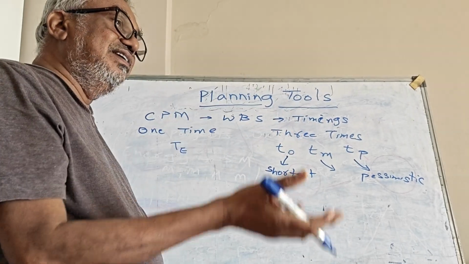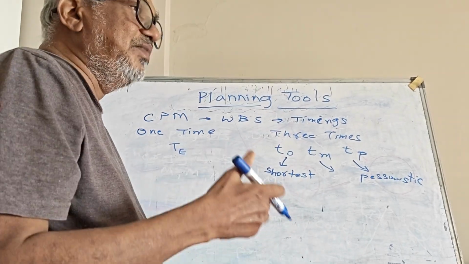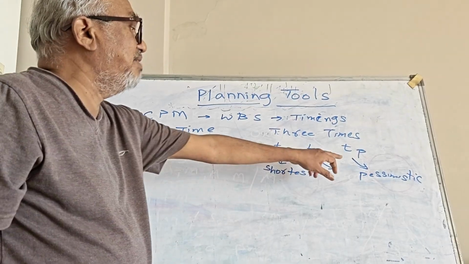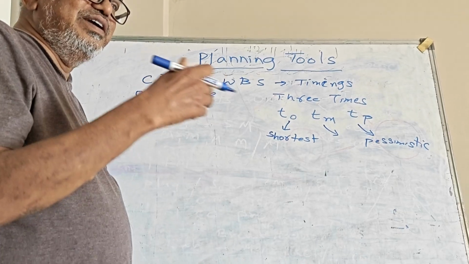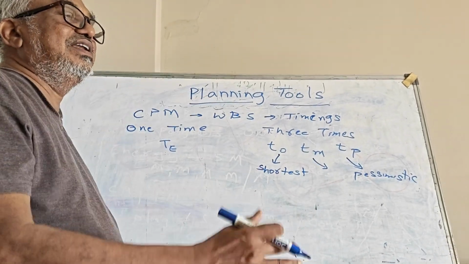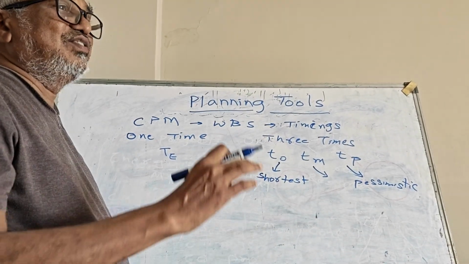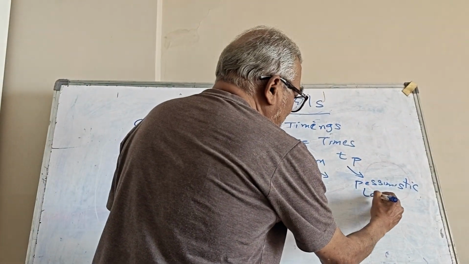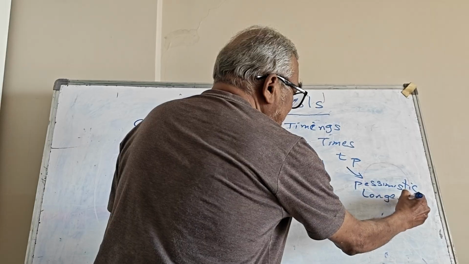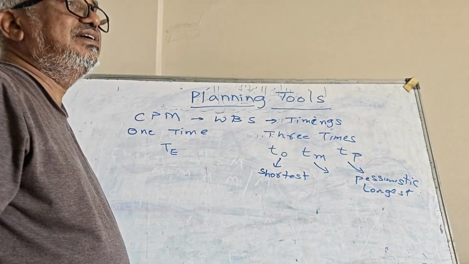Material is not available, money is not available, machinery is not available. So TP is the pessimistic time when everything goes in a wrong way and nothing works out. This is the longest time for an activity to get accomplished.